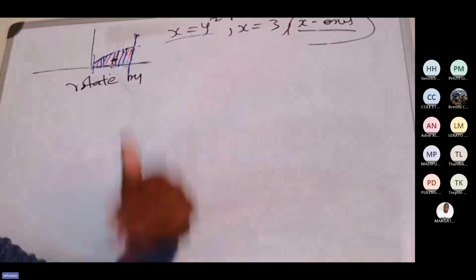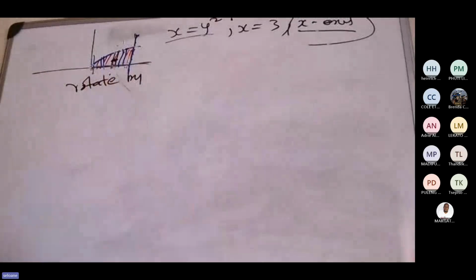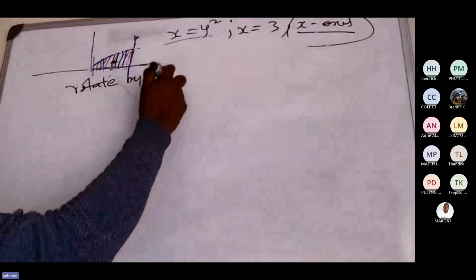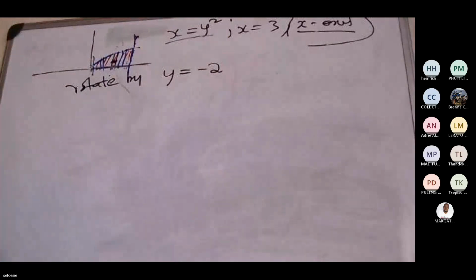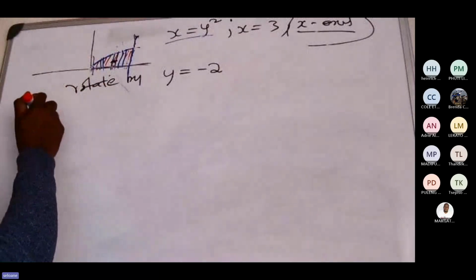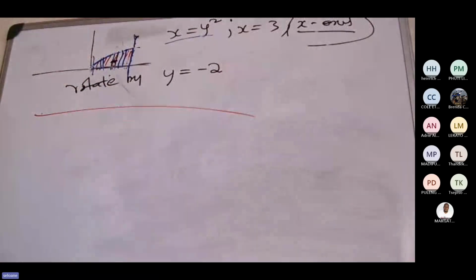You are going to rotate it by a line which doesn't form the boundaries of that. Say you rotate by y equal to minus 2. Where is the line y equal to minus 2? It's somewhere here. Y equal to minus 2.